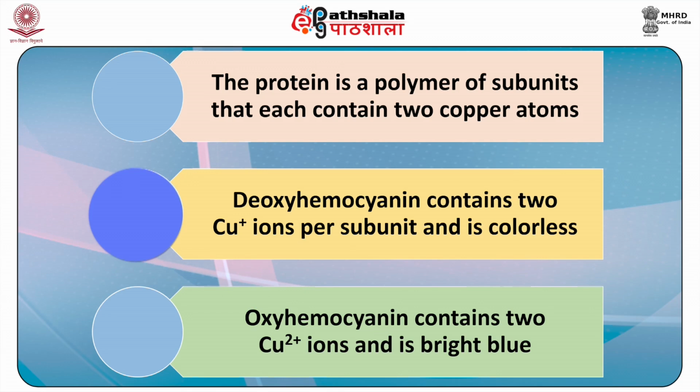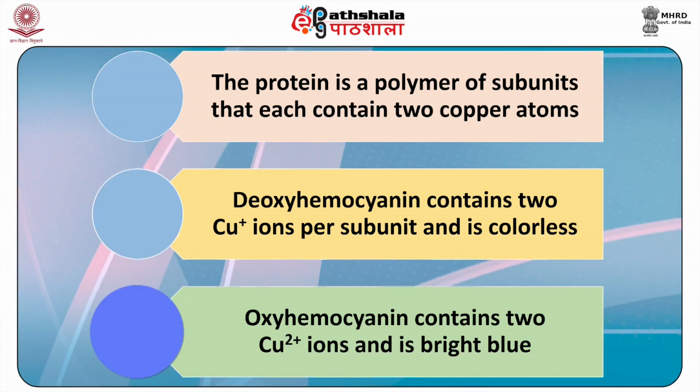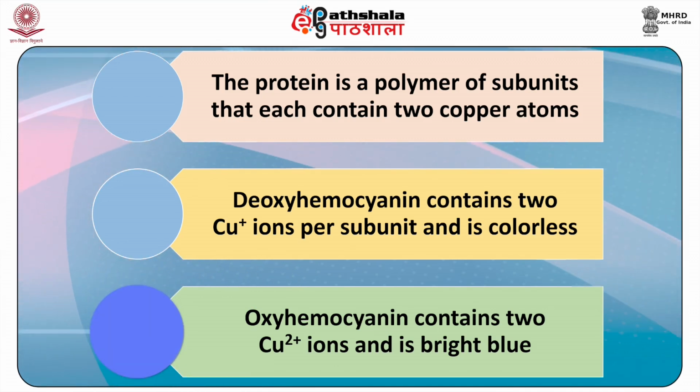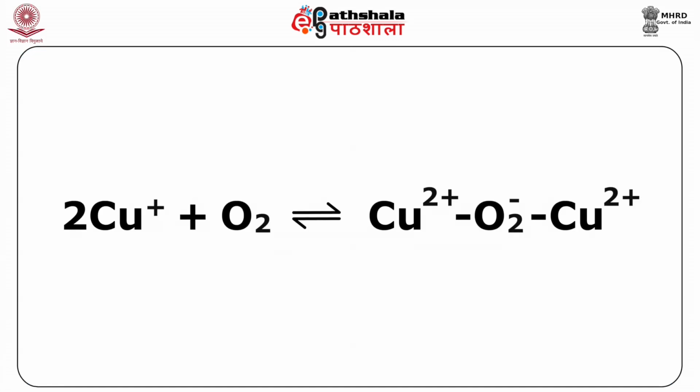Deoxyhemocyanin contains 2 cuprous ions per subunit and is colorless, whereas oxyhemocyanin contains 2 cupric ions and is bright blue. As with hemerythrin, the binding and release of dioxygen corresponds to a 2-electron reaction.